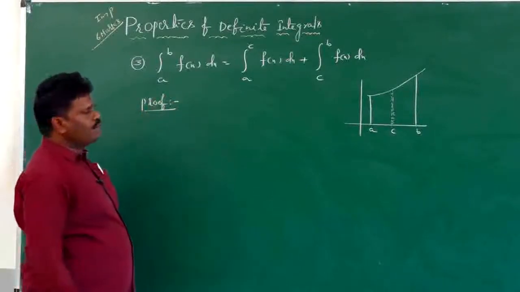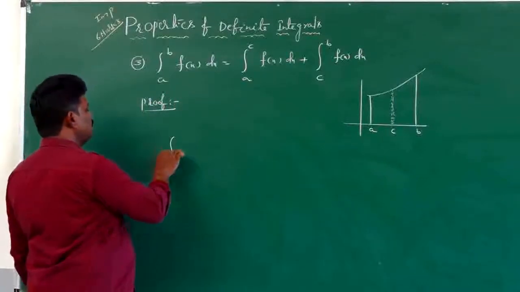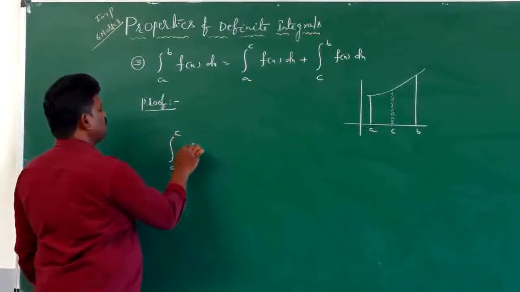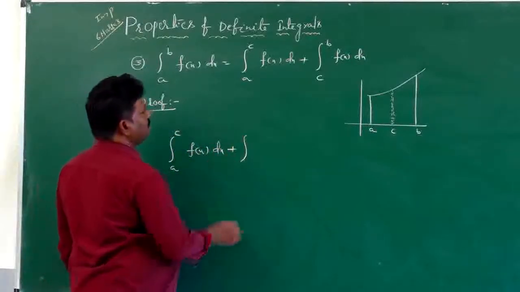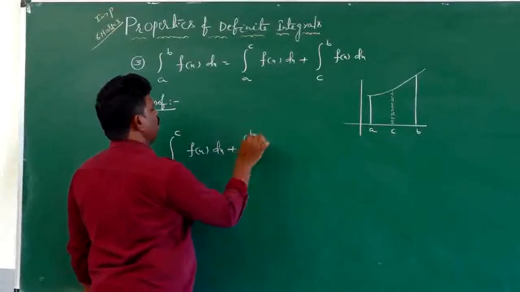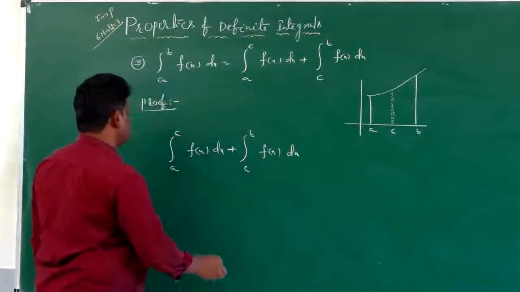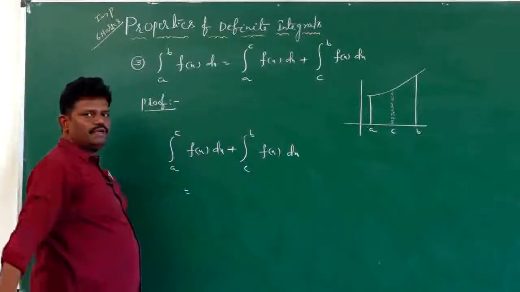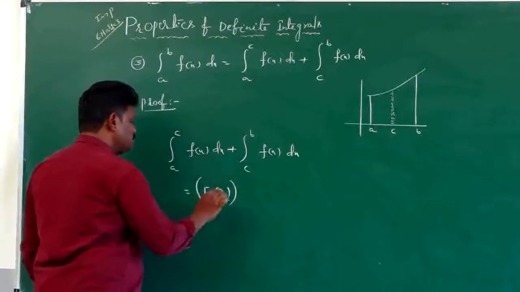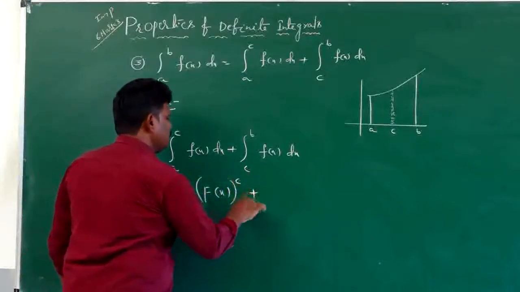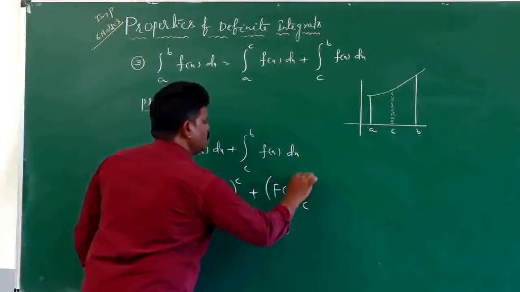How do we prove this? First, we consider the left hand side value: the integral from a to c of f of x dx plus the integral from c to b of f of x dx. That is equal to f of x with limits a to c, and again f of x with limits c to b.